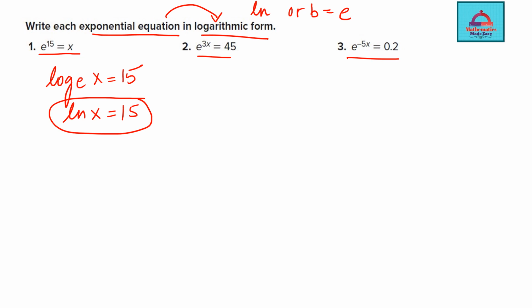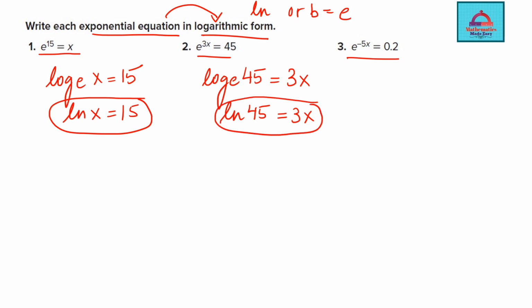This is how you get the logarithmic form, and this is natural log. Okay, let's do a similar thing here. The base here is e, so it will be log base e, and then 45 is equal to 3x. So I can convert to natural log because the base is e here, and this is your answer.